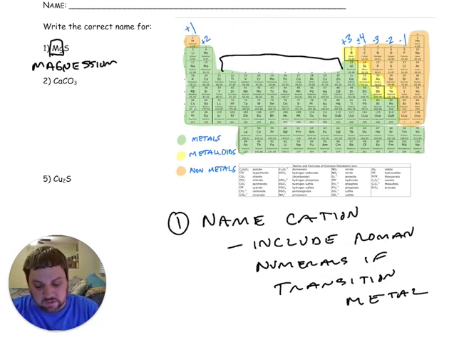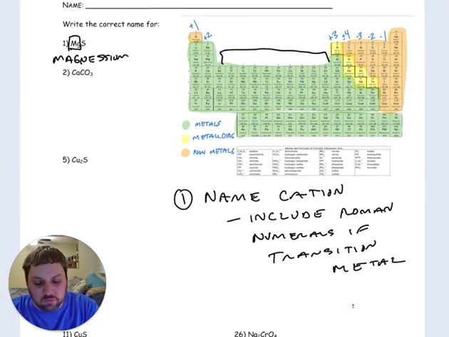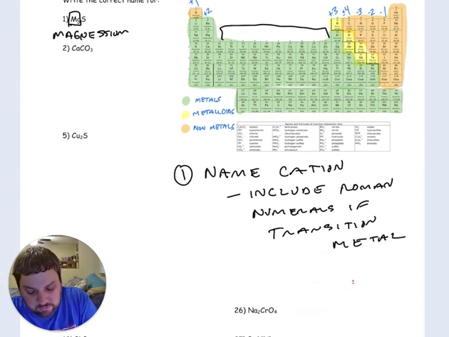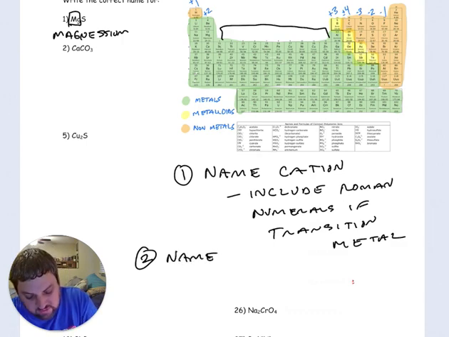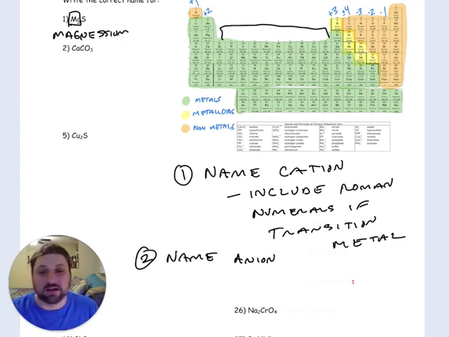Our second step, let's see if we can get this in here, and I apologize, it's not in order. I'm trying to just utilize my screen as much as I can. Number 2, we are going to name the anion. Okay, and again, we have a couple different types of anions. We have our quote-unquote regular anion, like sulfide, oxide, nitride, but we also have some polyatomic ions.